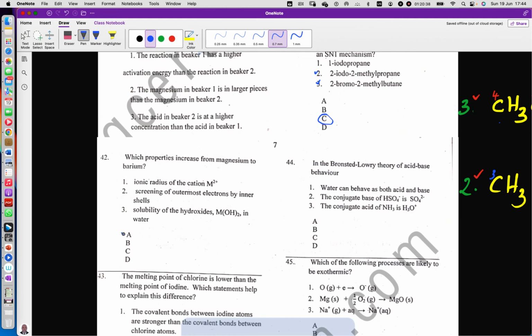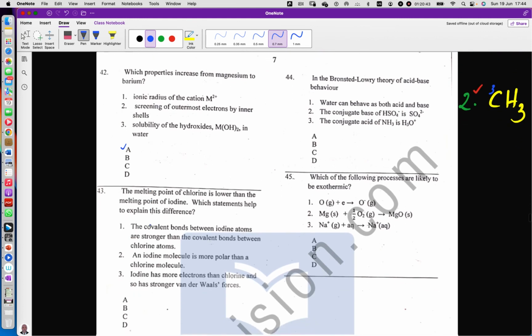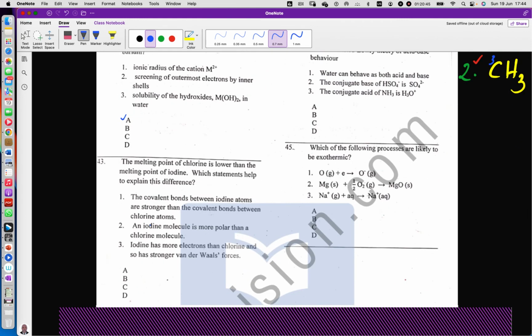Okay. Question number 43. The melting point of chlorine is lower than the melting point of iodine. Which statement helps to explain this difference?